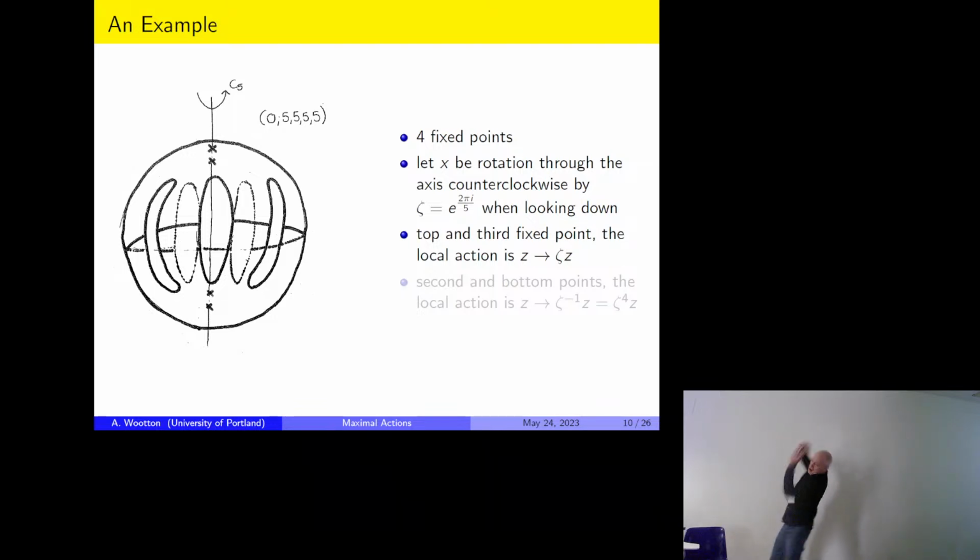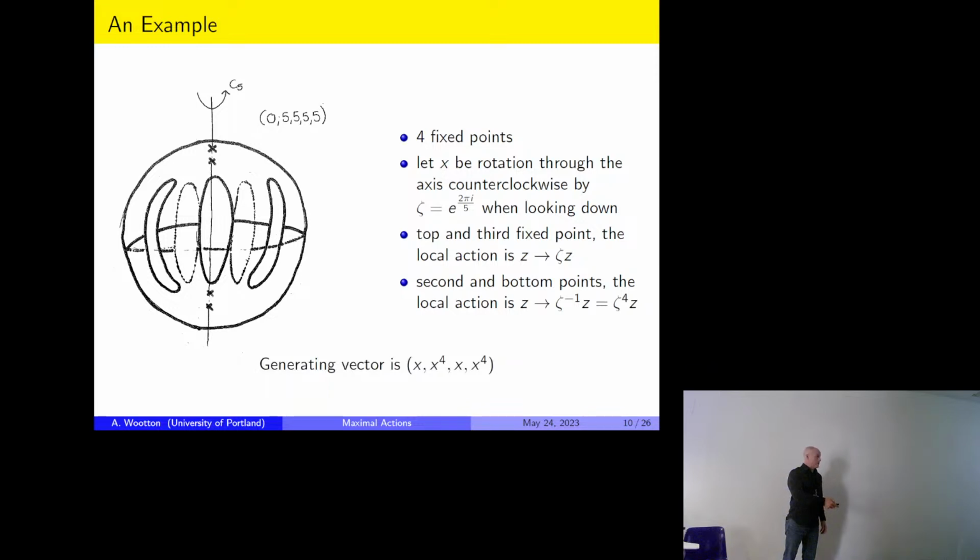When I'm looking up, it's going to be clockwise instead, so my second two are going to have local behavior that looks like this, which is just the same as x to the fourth. So for this particular example, the corresponding generating vector is x, x, x to the fourth, x to the fourth, written in the order that they have. This is unique up to permutation of these entries.